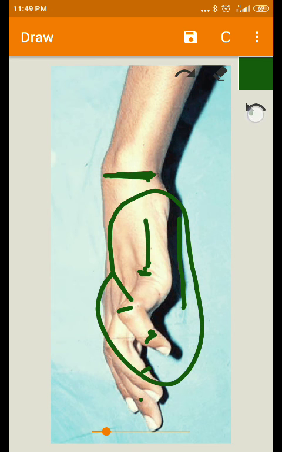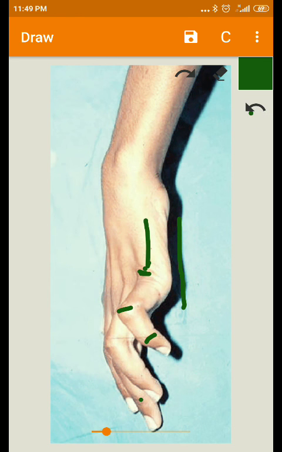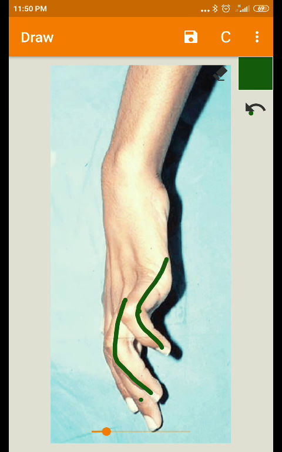Also, the sensory loss is confined to the medial 1/3 of the palm as well as the medial 1.5 fingers. There is a sensory loss.